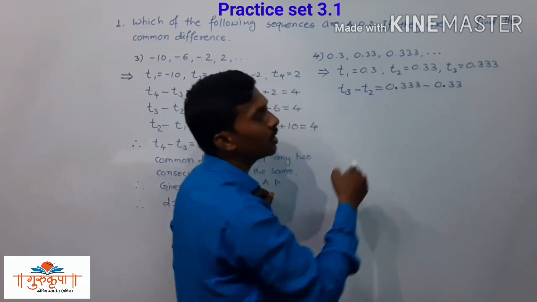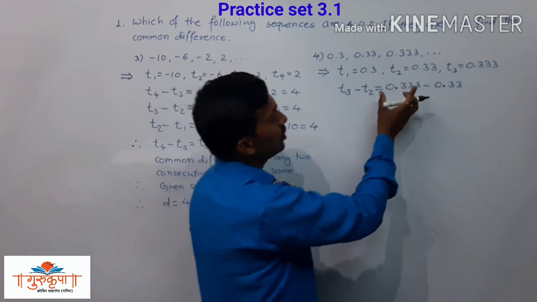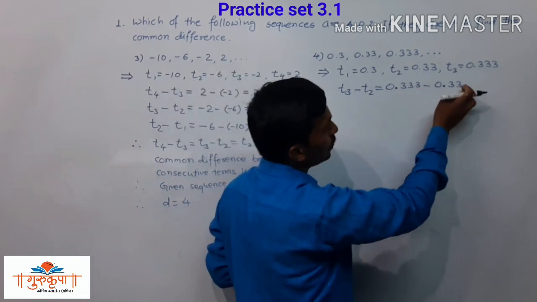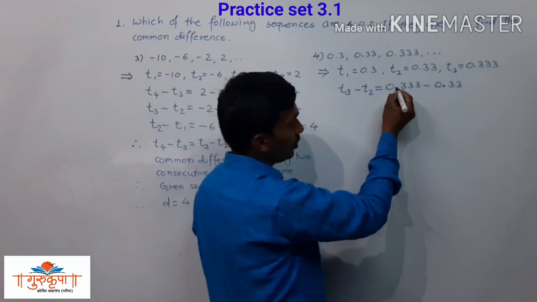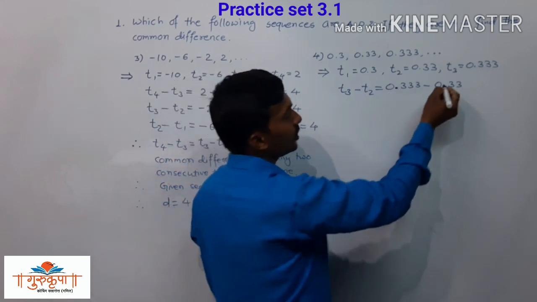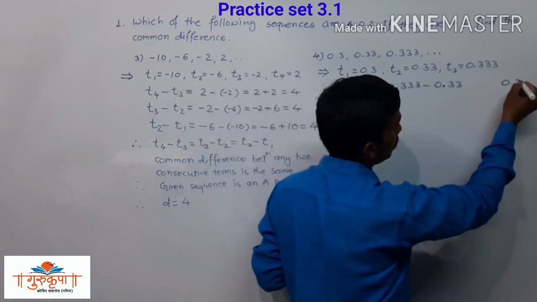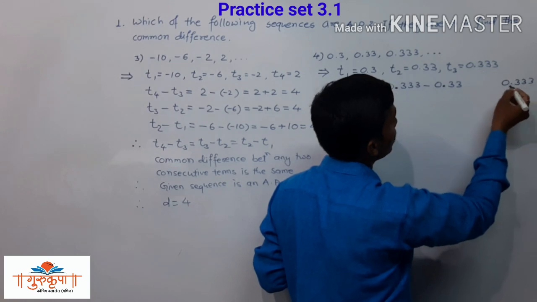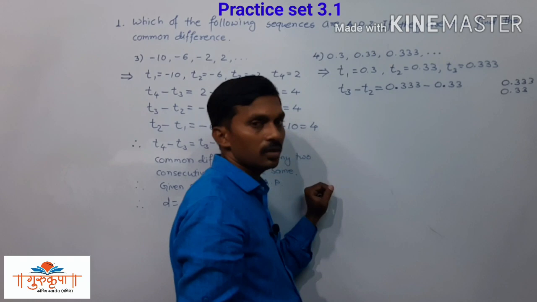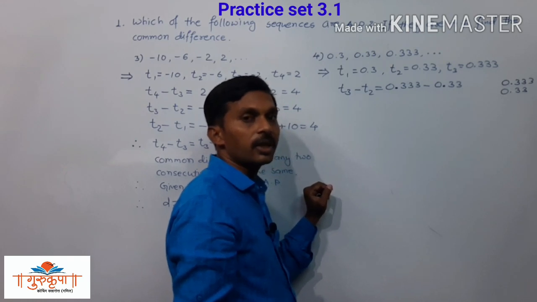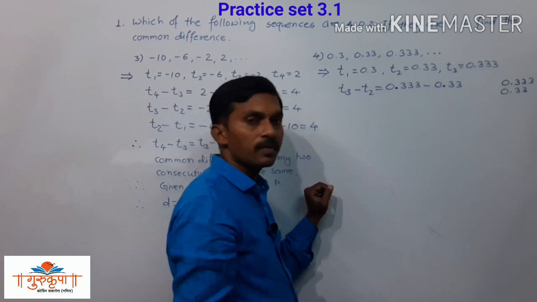Then we can easily subtract the given decimal fractions, that is 0.333 minus 0.330. Since here we have the decimal sign after 3 digits and here after 2 digits, we can subtract these numbers. While taking subtraction or addition, we have to write the numbers such that the decimal sign is below the decimal sign.